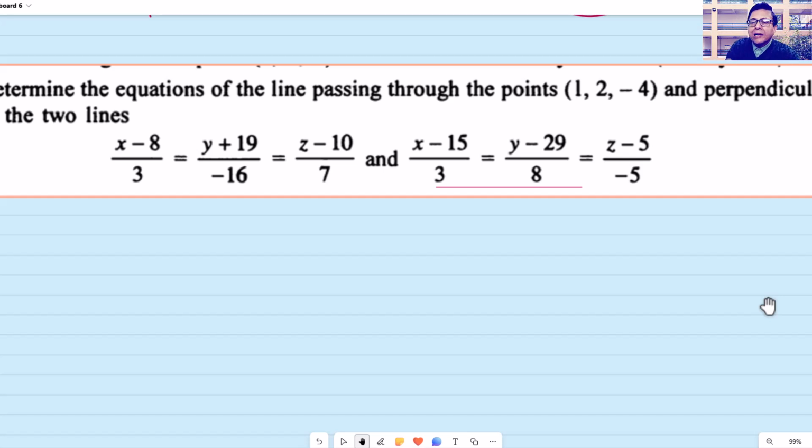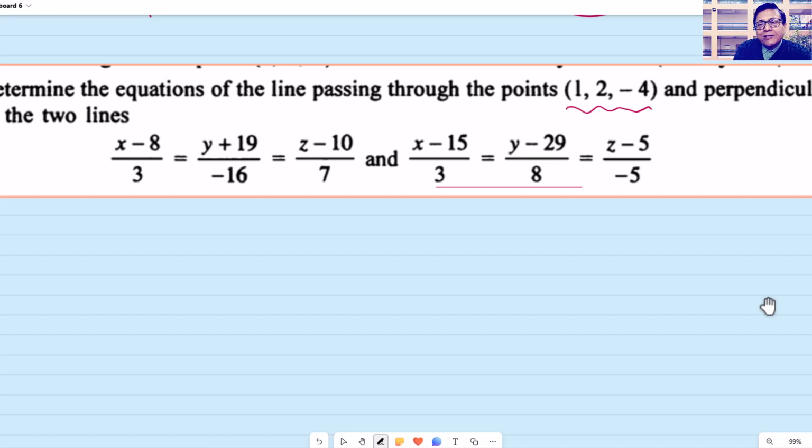And a line can be perpendicular to two lines in 3D. They are not parallel, but they are coplanar. The third line you have to find is perpendicular to these two lines and passes through the given point. How will you start?